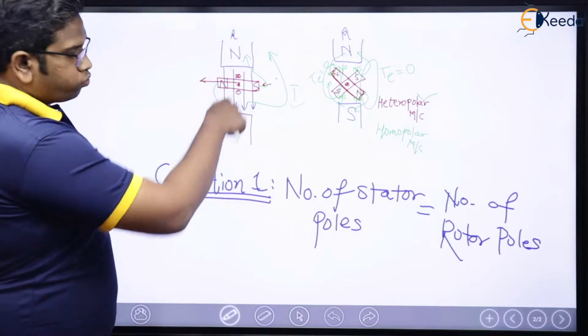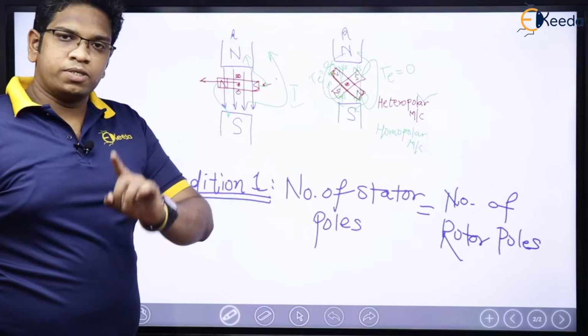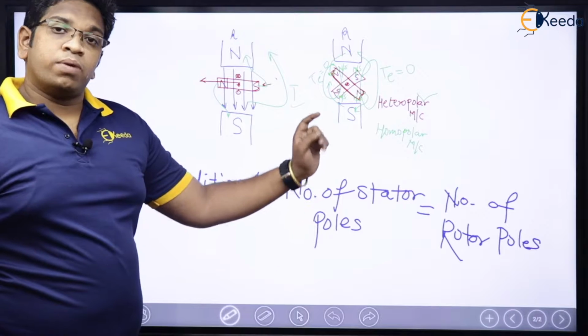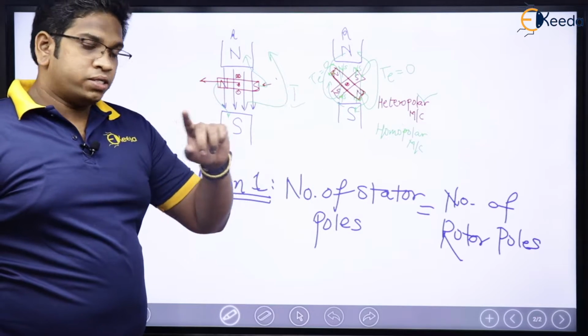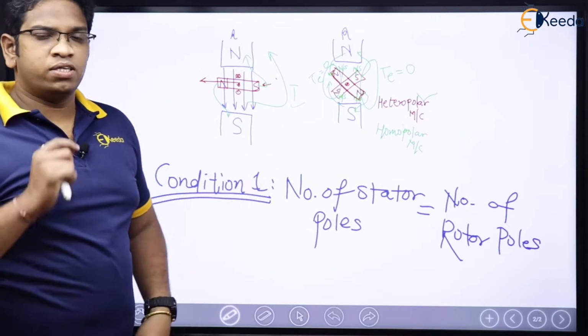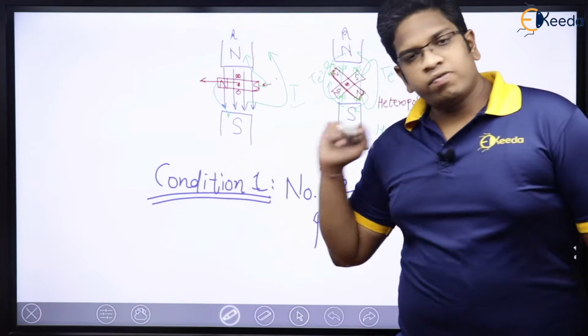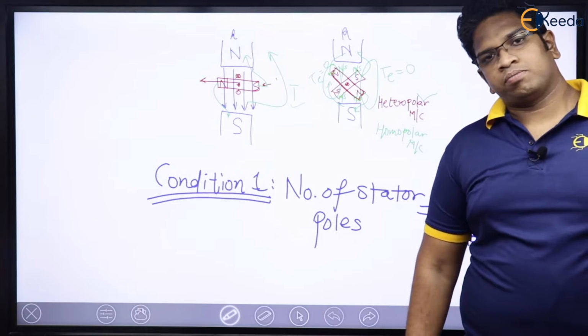See here, stator poles are 2, rotor poles are also 2, torque is produced. Here, stator poles are 2 and rotor poles are 4, which means they are not equal. That is the reason torque is 0. This is the first condition. Now, is this the only condition to be satisfied? Let us see.